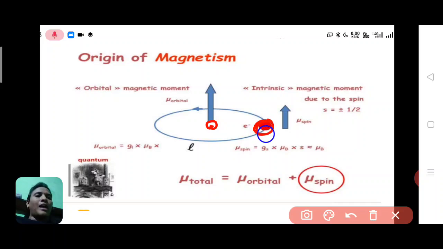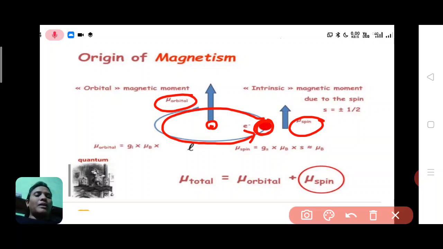When this electron is spinning around its own axis, it gives rise to spin magnetic moment, and when this electron revolves around the nucleus, it gives rise to orbital magnetic moment. So the total magnetic moment is equal to the orbital magnetic moment plus spin magnetic moment. So this is the total magnetic moment of an atom, arising due to the spin motion and the orbital motion of the electron.